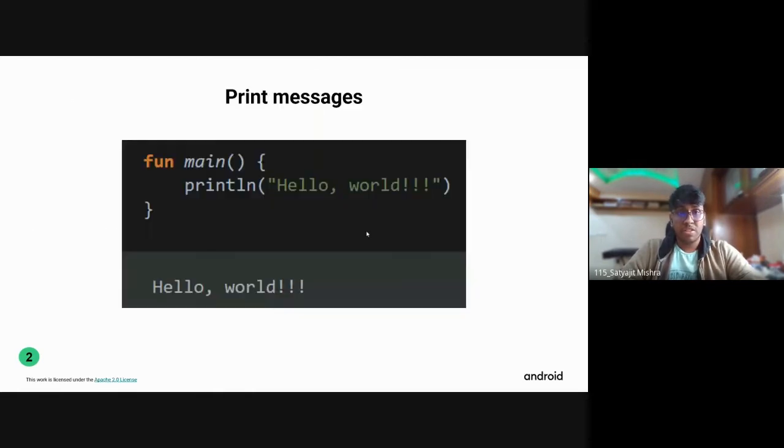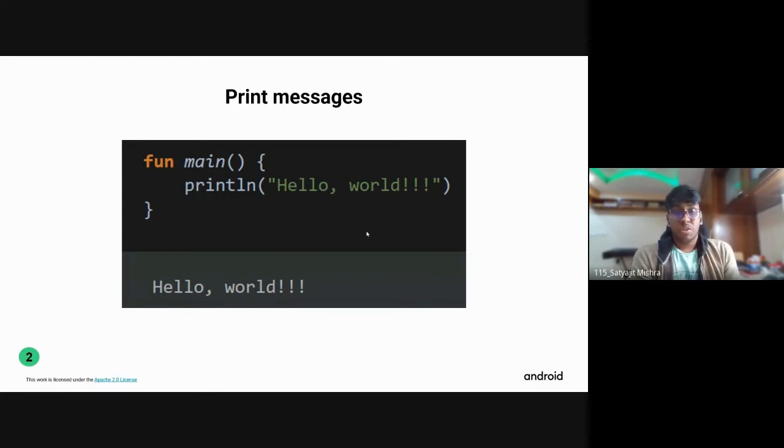So starting with the Kotlin basics, this is the most simple program ever, I think. The classic Hello World program. I think that's how most programmers start with any new programming language. In Kotlin we also need a main function like we used to do in Java or C++.